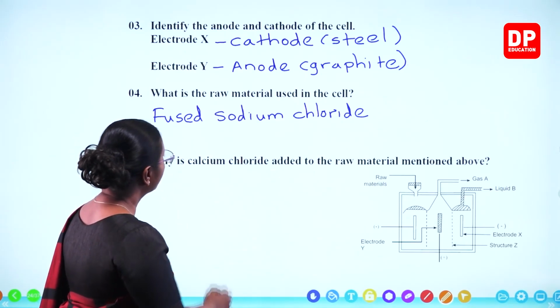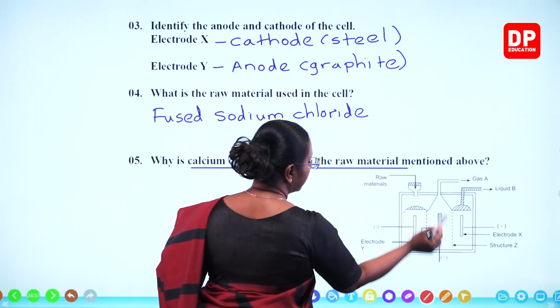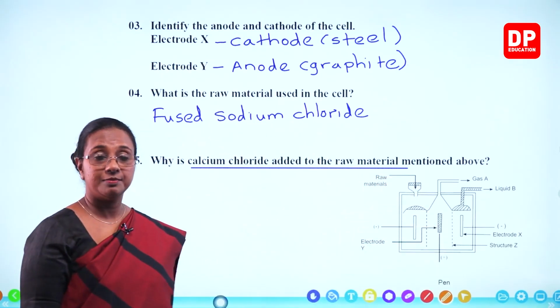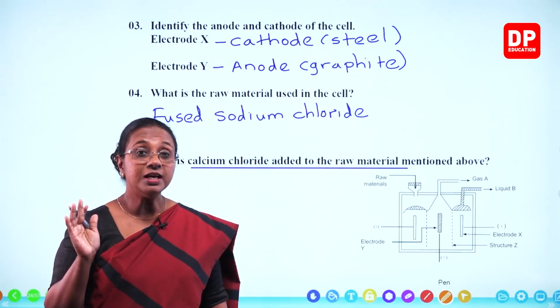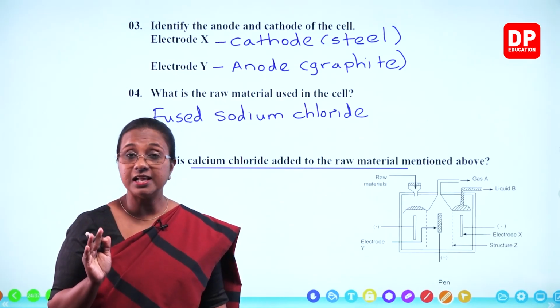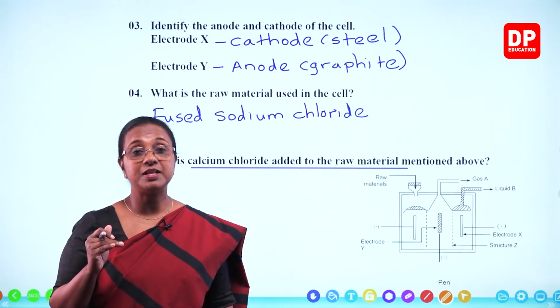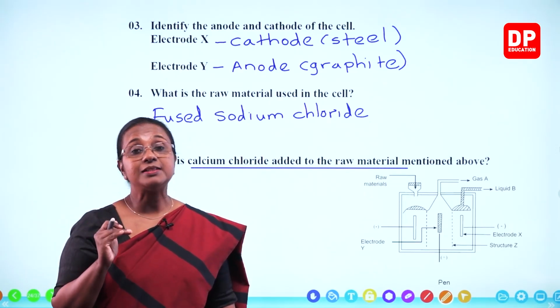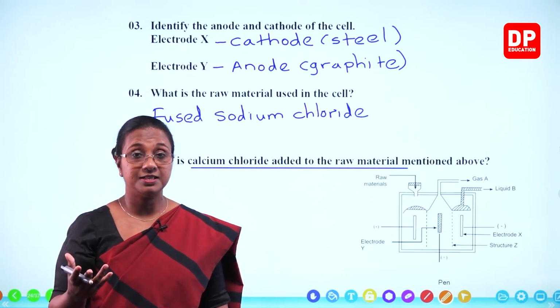Then the fifth one, why is calcium chloride added to the raw material mentioned above? Now I have mentioned this to you all before also. Now the melting point of solid sodium chloride is 840 degrees Celsius. That is a very high temperature, and to melt the sodium chloride you need to provide a high amount of energy.